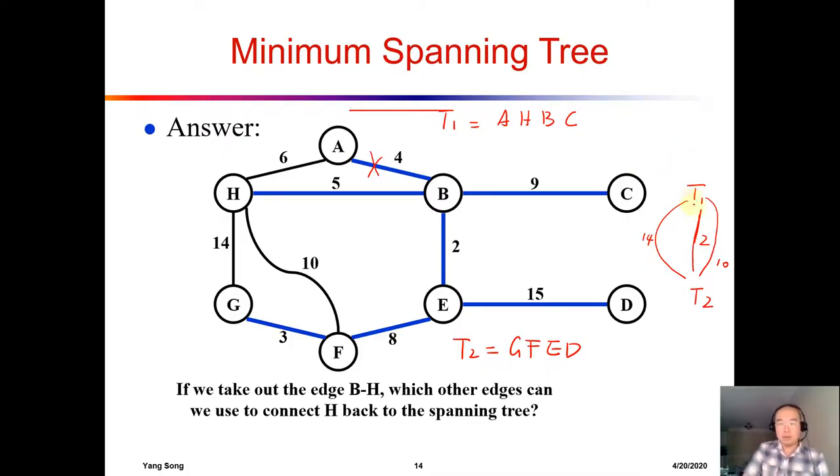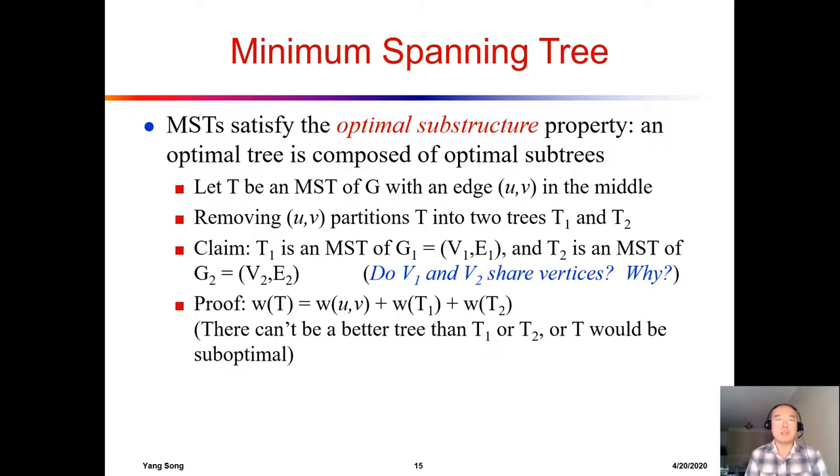So we have the 2, which is B to E, and then we have H to G, which is 14, and we have H to F, which is 10. So there are 3 ways we can connect T1 and T2, and then we pick the smallest value, and this is how we can connect two optimal sub MSTs together into the optimal MST. Okay, so this is the concept of the optimal substructure.